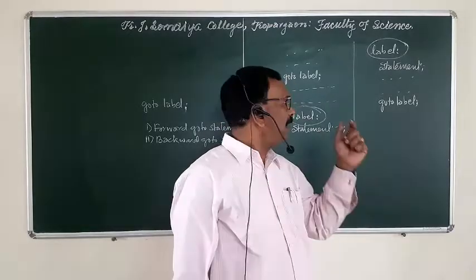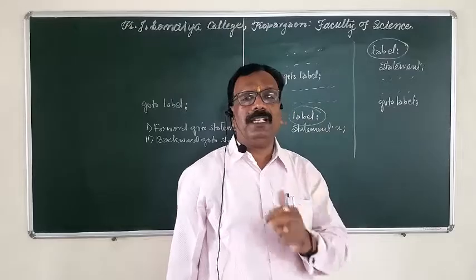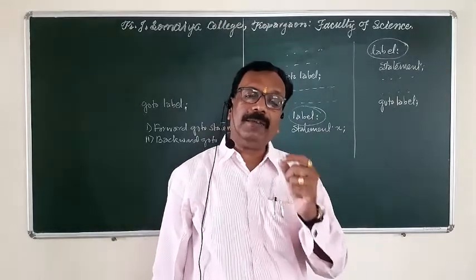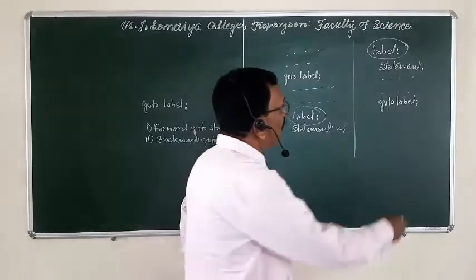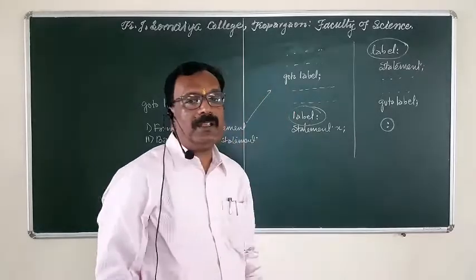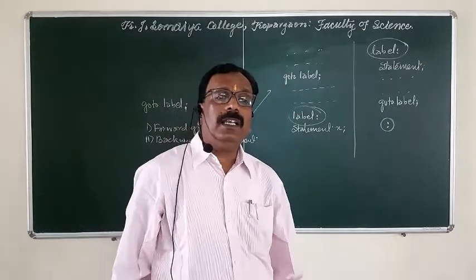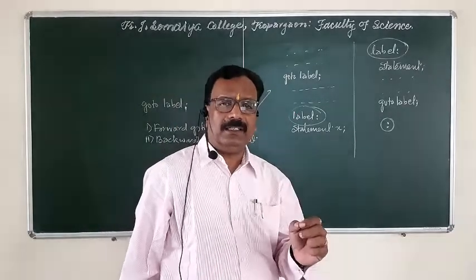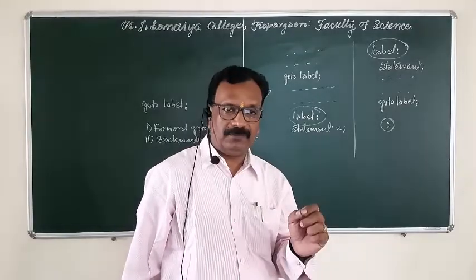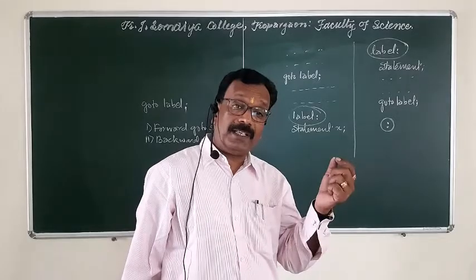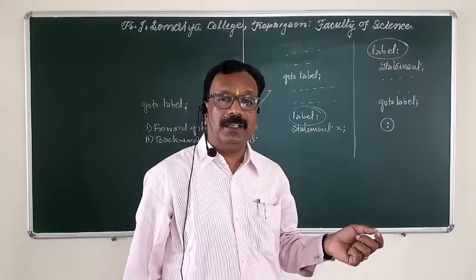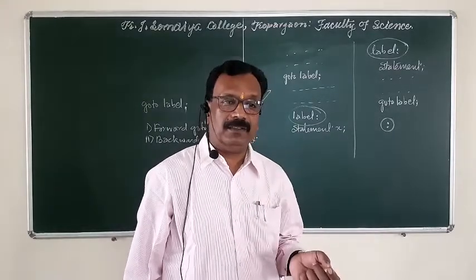The label may be any valid variable name and must be followed by a colon. That is, the label must be followed by a colon. The label is placed immediately before the statement where the control is to be transferred.